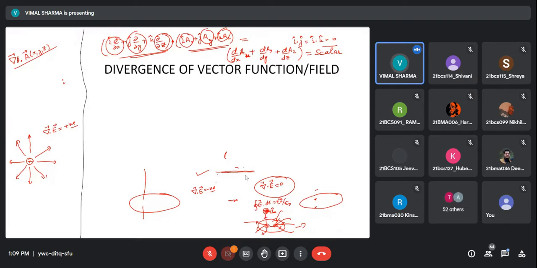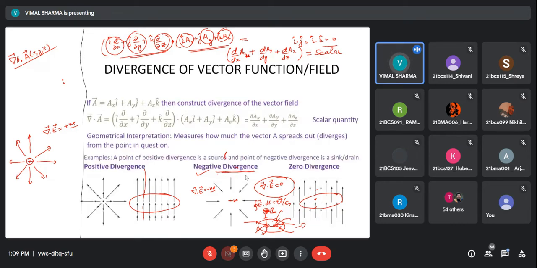Till now we have written that in the integral form, where we say that the closed surface integral of E dot ds, of the electric field, is the electric flux. Okay, so we'll see that, and the operation of this del operator on a vector field, which is the divergence of a vector field.